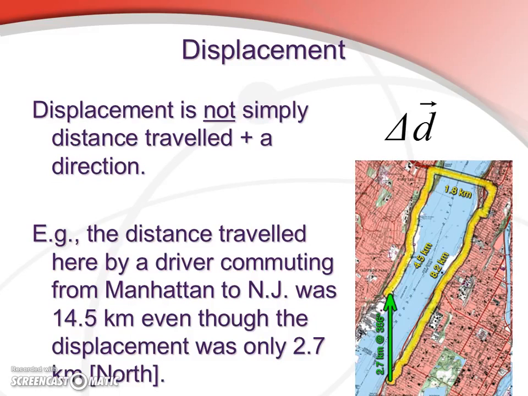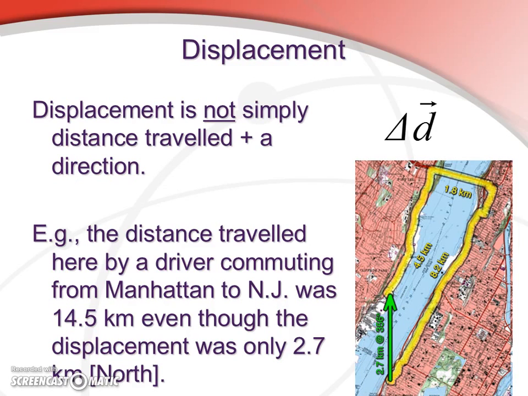Okay, so here's a classic example. The commuter followed the yellow path going home from Manhattan, moved along the river for 8.2 kilometers till he got to the bridge, took the bridge across 1.8 kilometers, and then drove back along the river to get to his home, 4.5 kilometers.